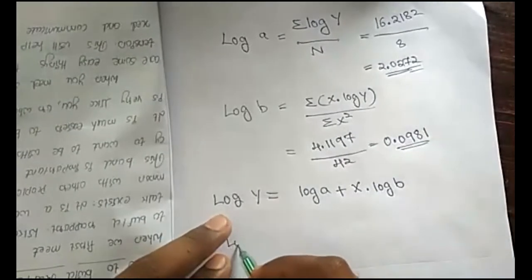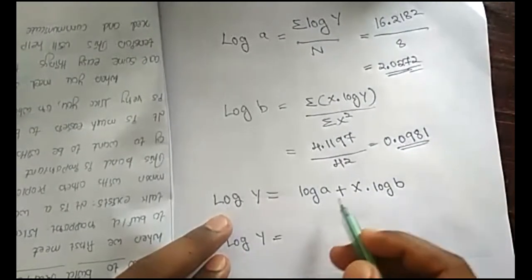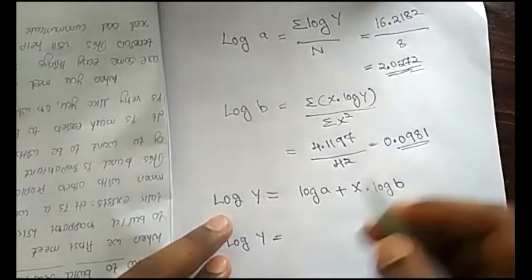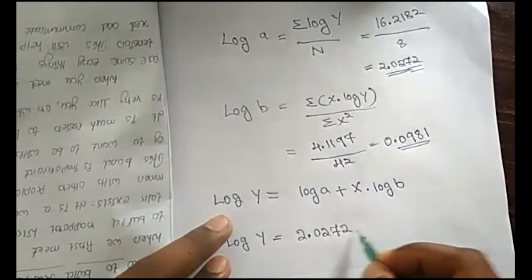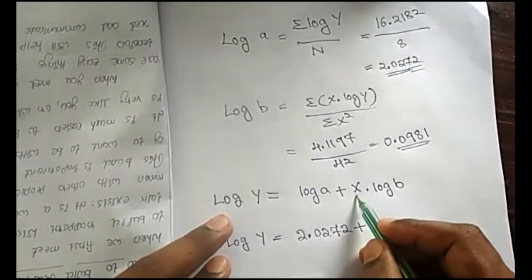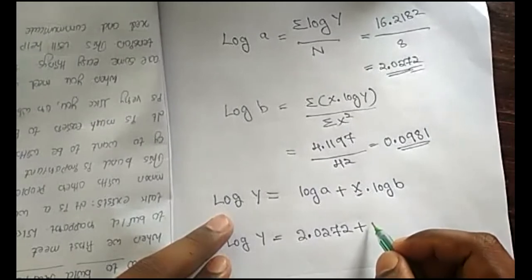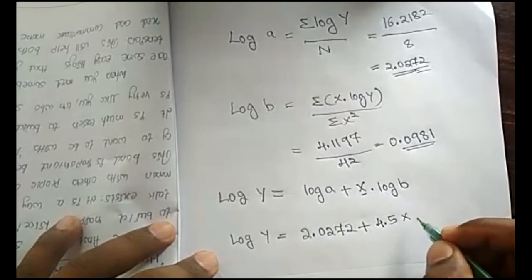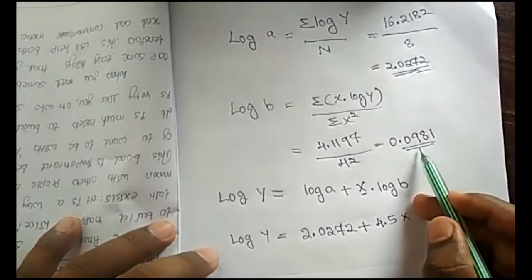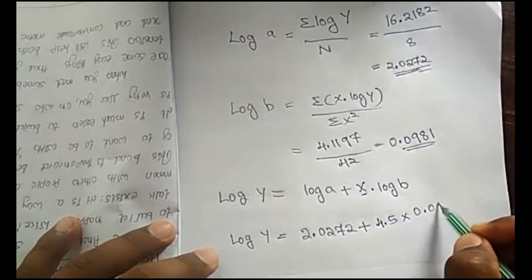Log y is equal to 2.0272 plus x, the value of x is 4.5 for 2012. So 4.5 into log b. Log b how much? 0.0981.